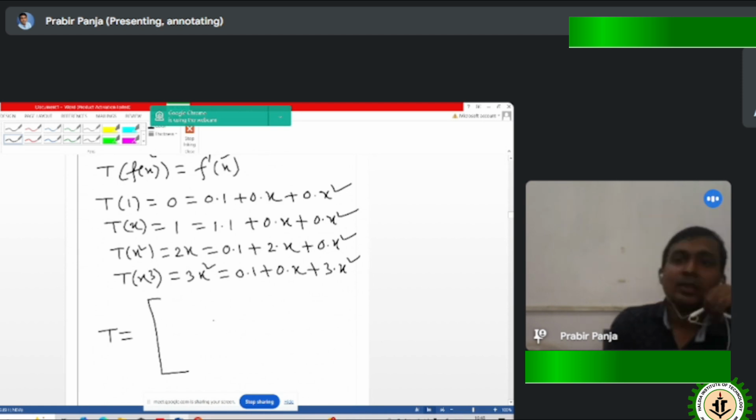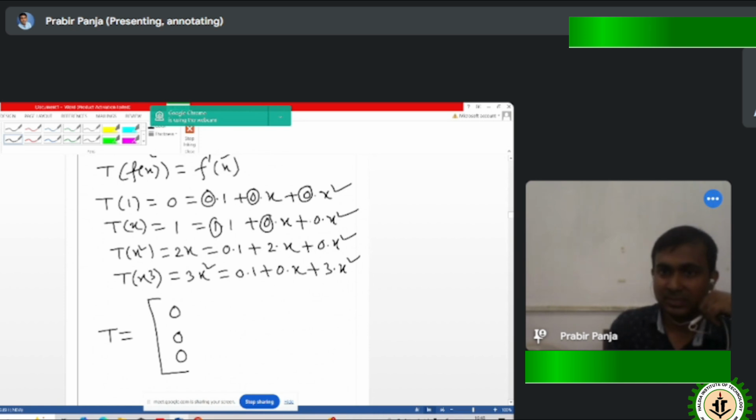For this, first we collect all the constants from the first equation and write them column wise. Now, from the second equation, we collect all the constants: 1, 0, 0. From the third equation: 0, 2, 0.